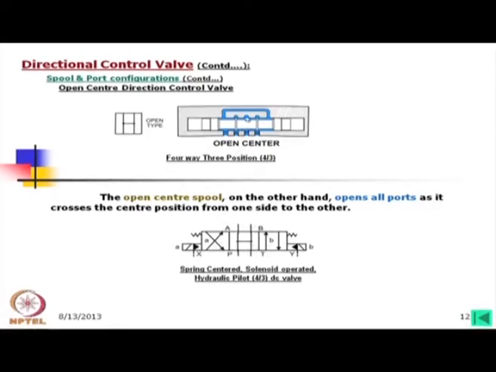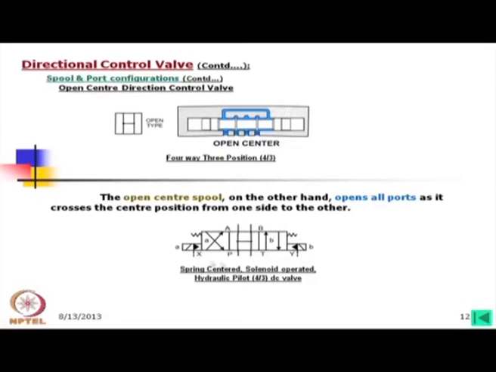Now, here I have shown a symbol, and also how it is operated. What we find is that at the B and A sides, a small box with a slanting line represents solenoids, whereas the arrows completely blackened, with X and Y, are two hydraulic pilots.